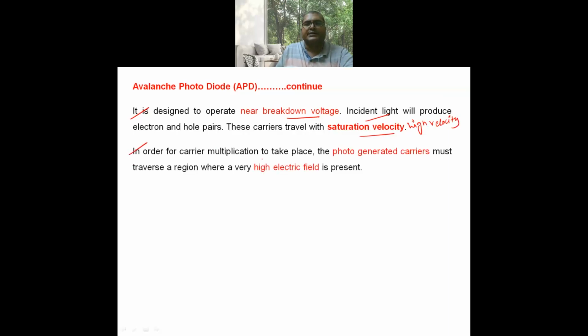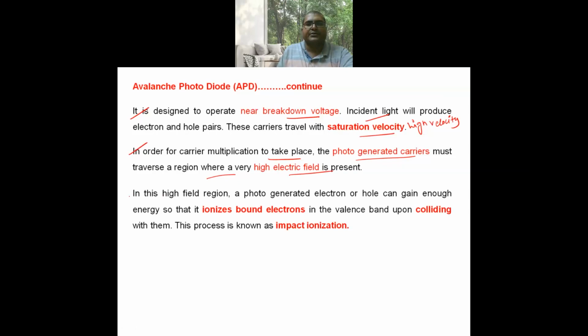In order for carrier multiplication to take place, the photo-generated carriers must traverse a region where a high electric field is present. In this high field region, a photo-generated electron or hole can gain enough energy so that it can ionize bound electrons in the valence band upon colliding with them.